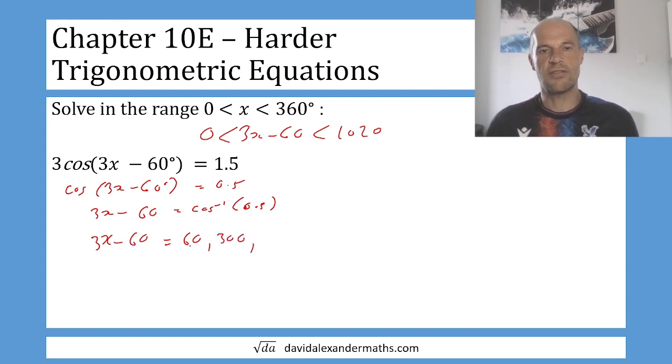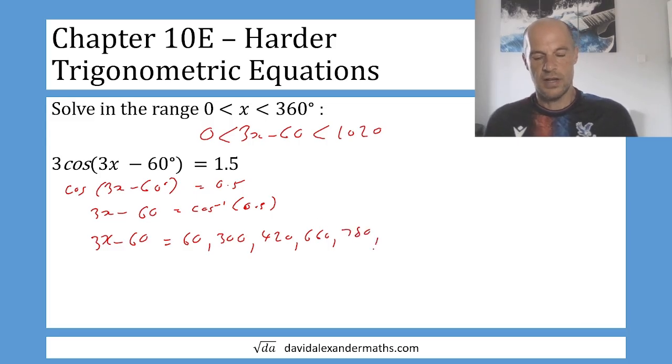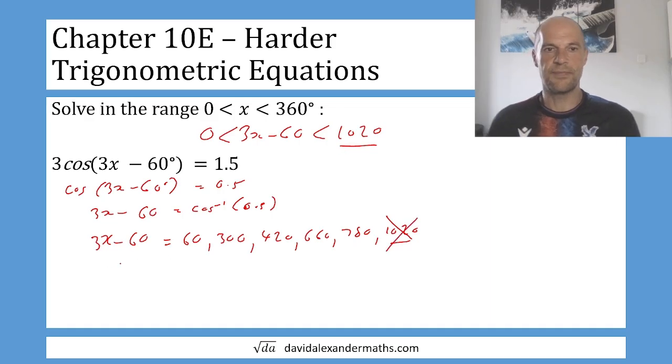Now I'm going to add 360 to both of these. 360 plus 60 is 420. 360 plus 300 is 660. Now I'm going to add 360 to 420 and to 660. I'm getting 780. 660 plus 360 is 1020. Okay, so I've reached my limit, and it's got to be less than, so it can't equal 1020.